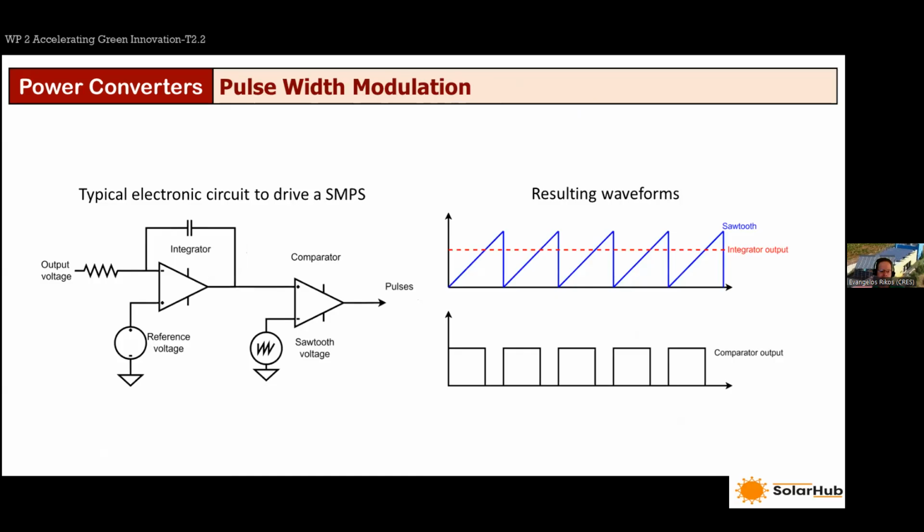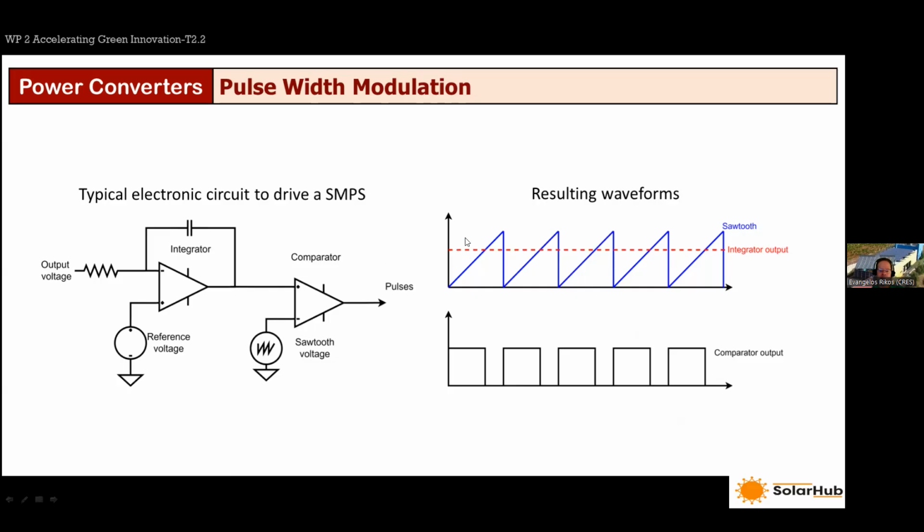A few words very quickly about the PWM here. The PWM method, pulse width modulation method, is a method that is based on the comparison of two reference waveforms, or at least one waveform and one reference signal.